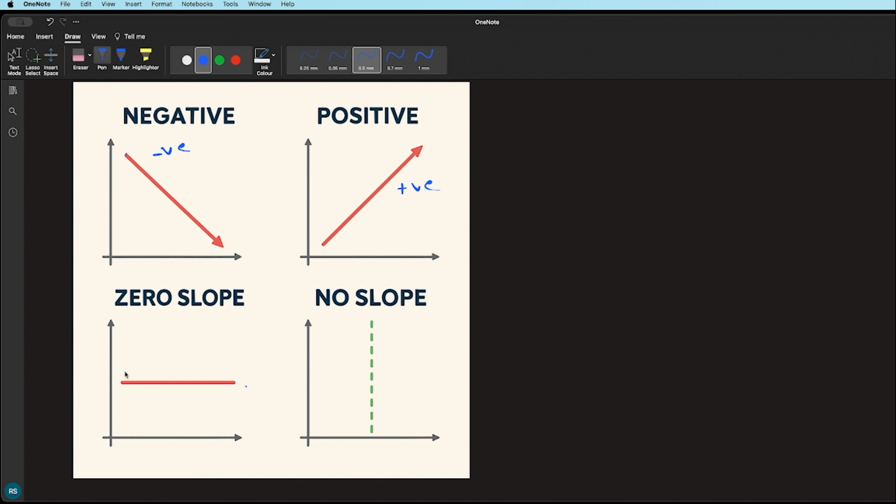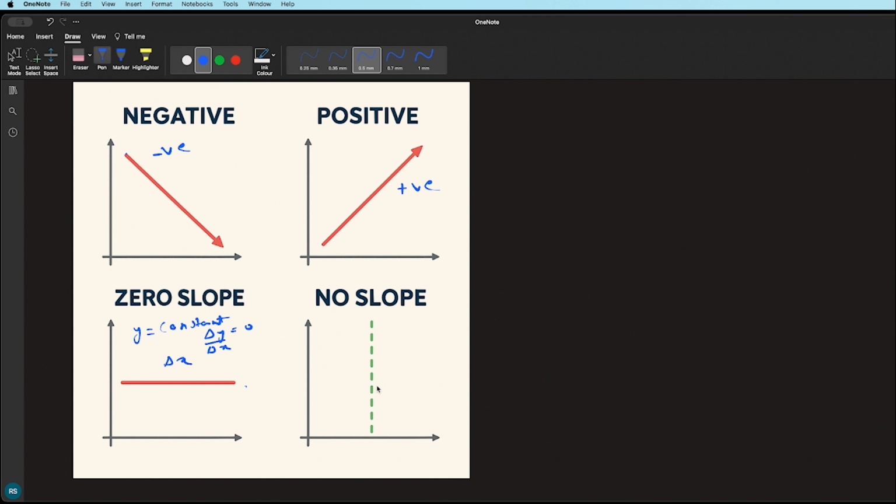For the zero slope, the y value will be constant. There will not be any change on the y-axis, only a change on the x-axis, that is delta x. This is called the zero slope because the change in y, delta y, equals 0, and delta x can have any value, so the slope is 0.